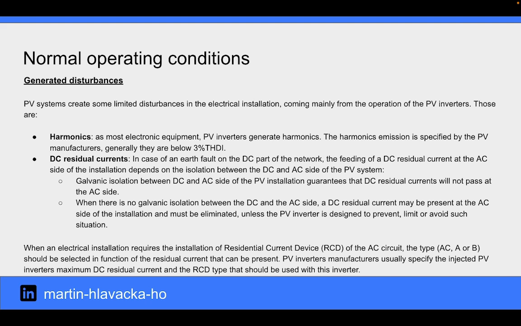When electrical installation requires the installation of RCD of the AC circuit, the type should be selected in function of the residual current that can be present. PV inverters manufacturers usually specify the injected PV inverters maximum DC residual current and the RCD type that should be used with this inverter.